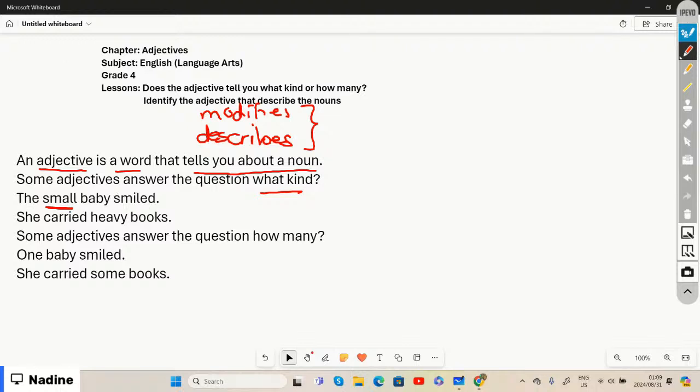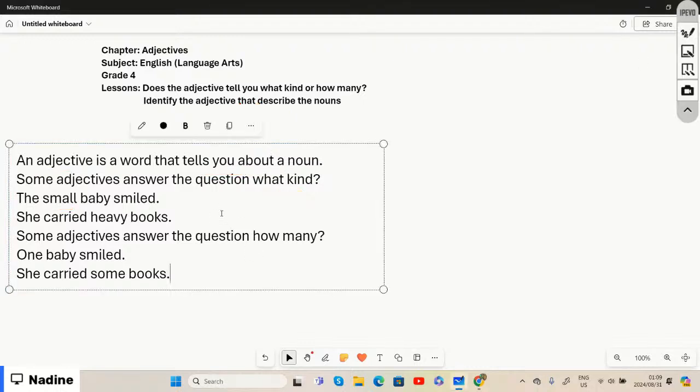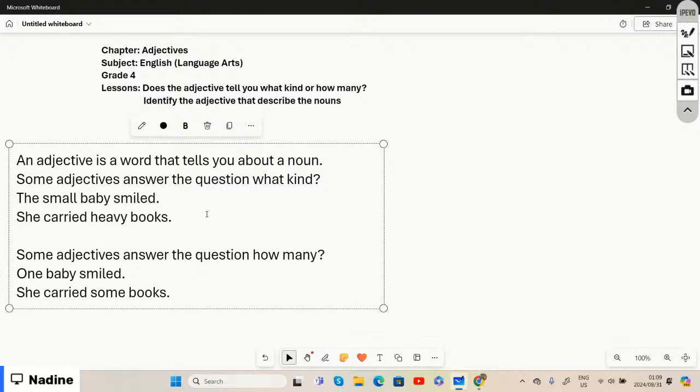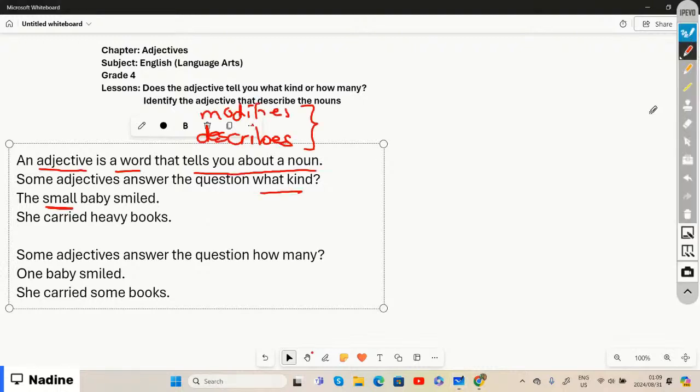All right, if we look at another example of adjectives that answer the question of what kind, then we can say, she carried heavy books.